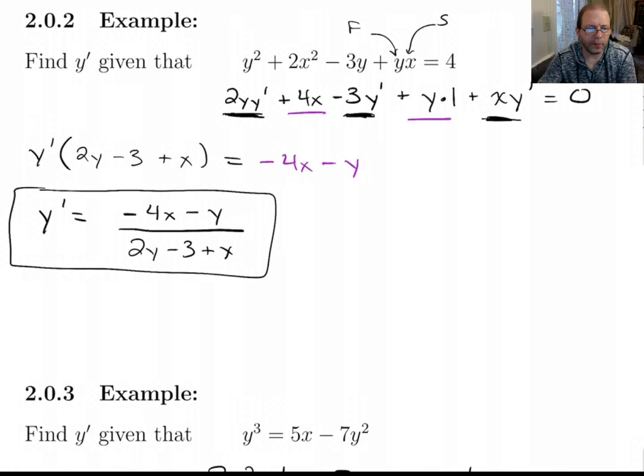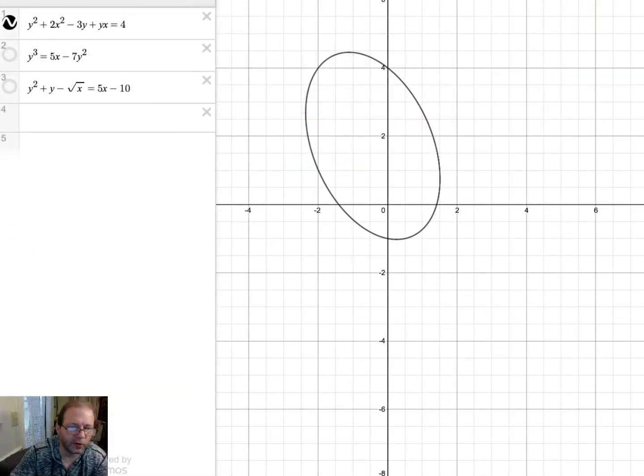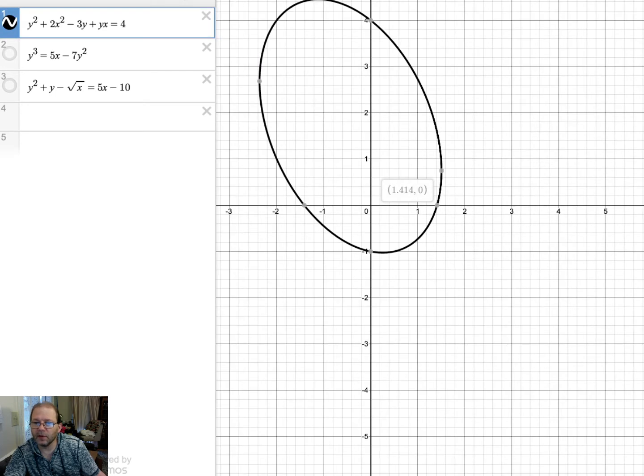Now, I'll tell you what, let's pick some points on the graph that are easy to find, and let's find the slope there. Now, just looking at this, looking at these points, 1.414, 0. Now that 1.414, that's the square root of 2. So that's a somewhat nice point.